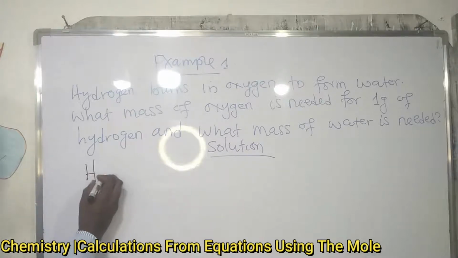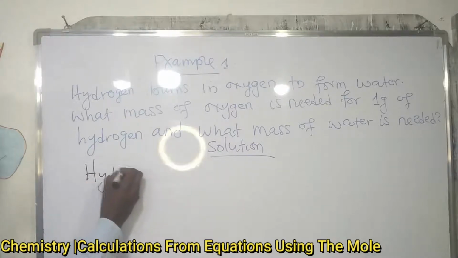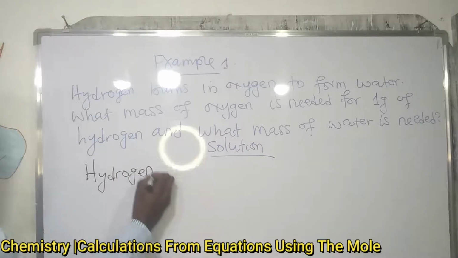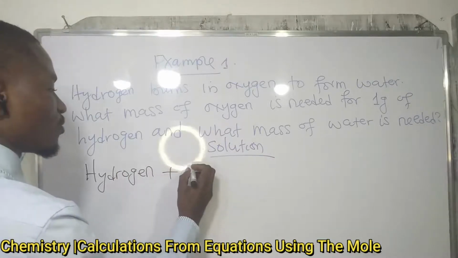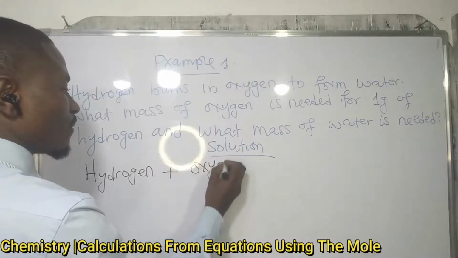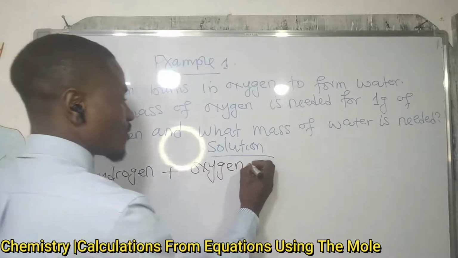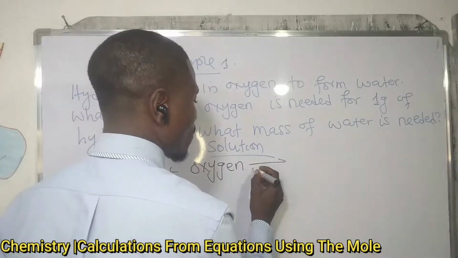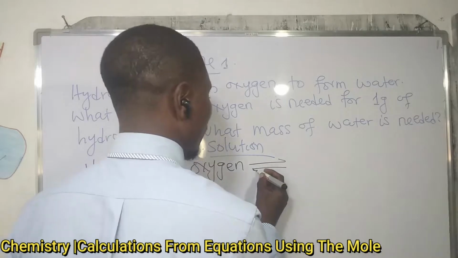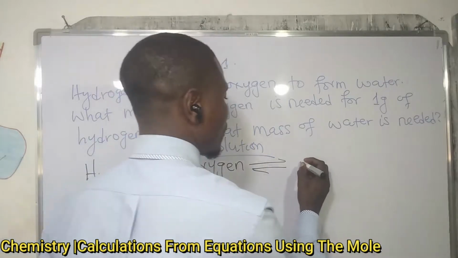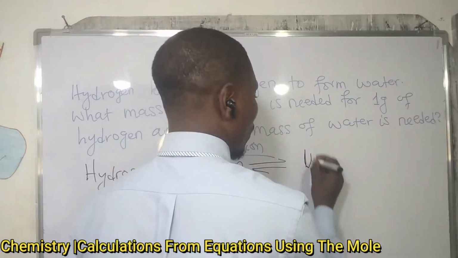So, combustion of hydrogen: first write the word equation, hydrogen plus oxygen, to produce water.